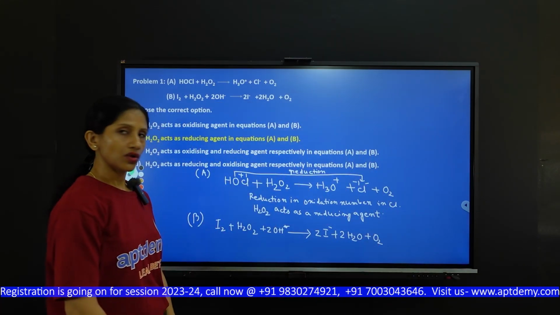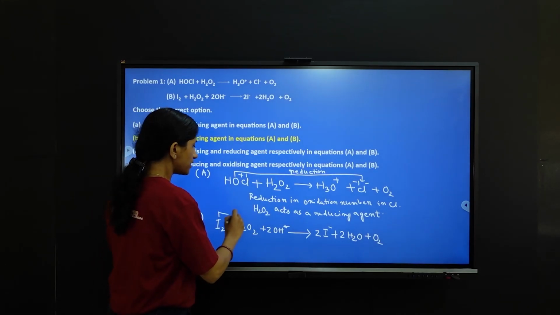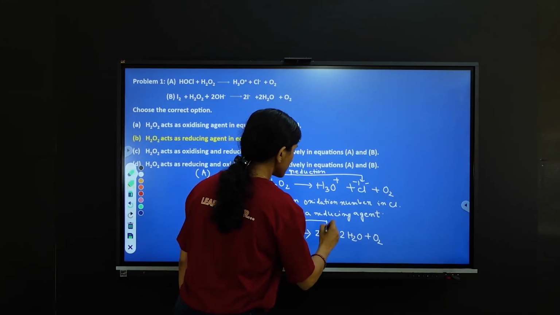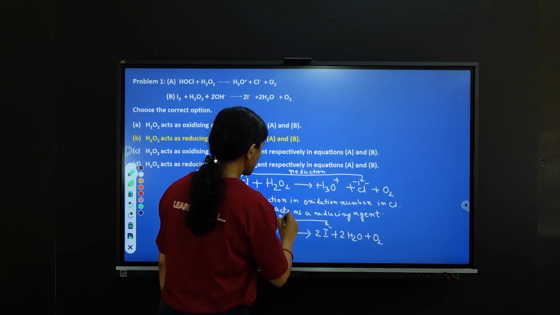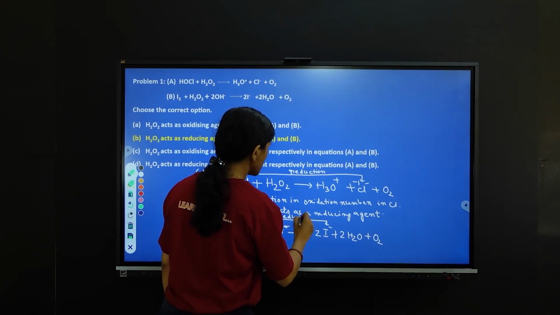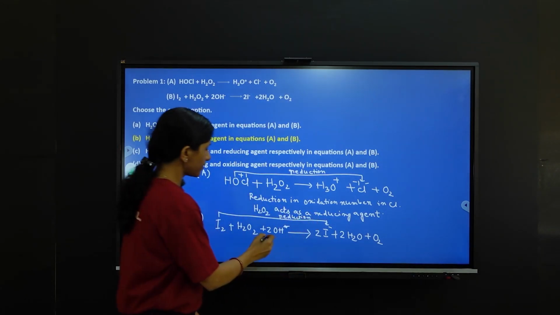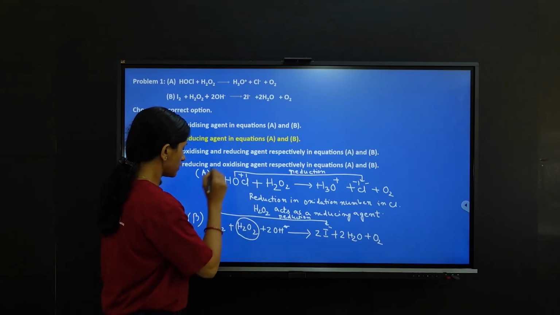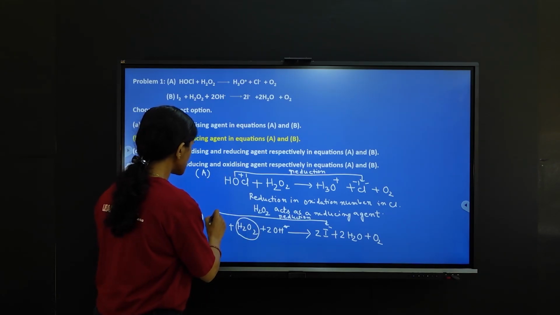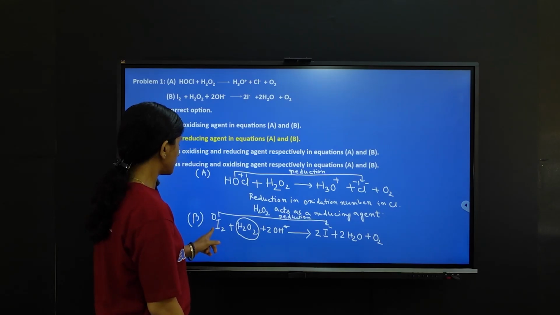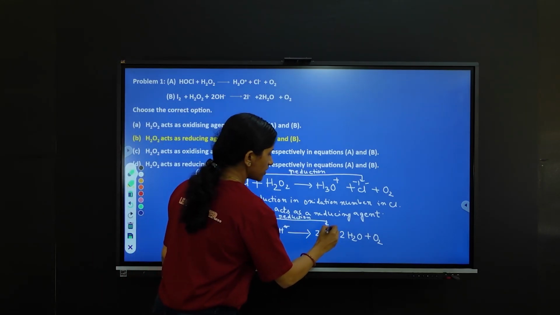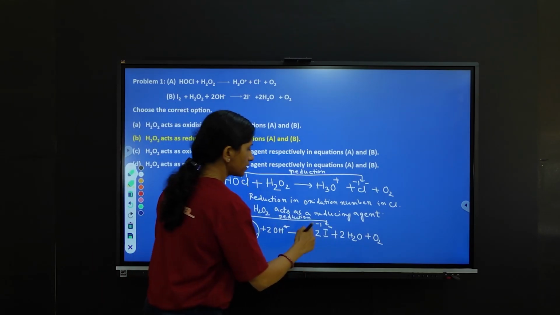Here in this equation also, iodine reduces to I-. So this is also a process of reduction taking place in presence of H2O2. The oxidation state of iodine is 0, which gets reduced to -1.